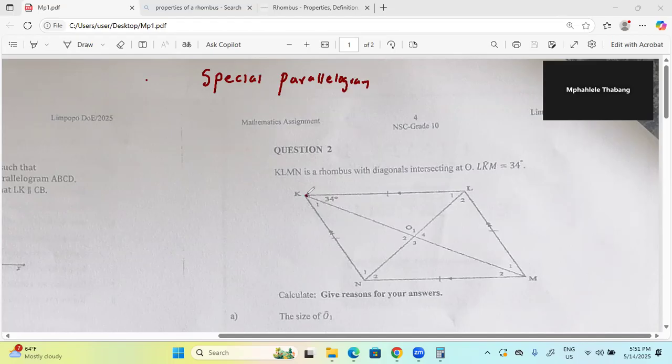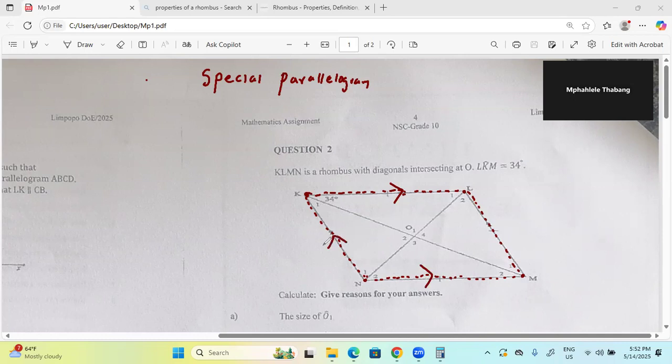This quadrilateral here is a rhombus, so it is also a parallelogram, which means that opposite sides are parallel.